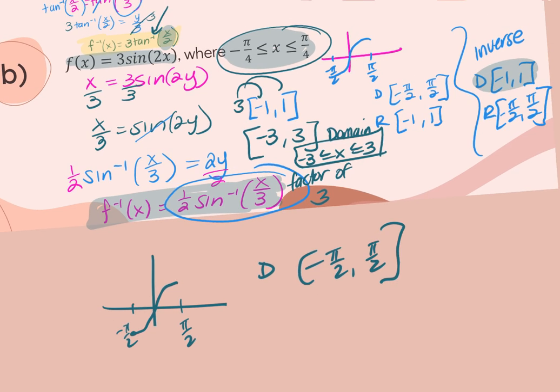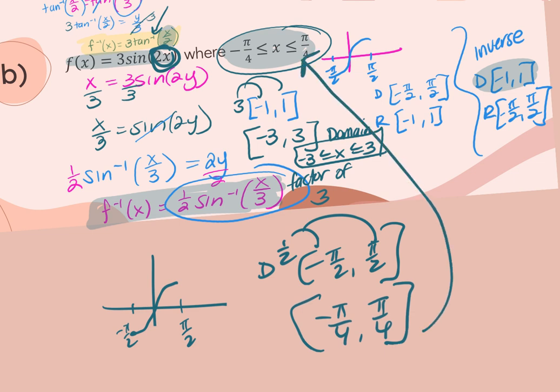So if it's got a 2 in here, now we're saying that's a horizontal dilation by a factor of a half. So I would have multiplied each of these by a half, and now the domain restriction matches what they gave you. You don't have to worry about what they give you, though. They're going to give it to you. It's more, can you find it, of what you have to find?